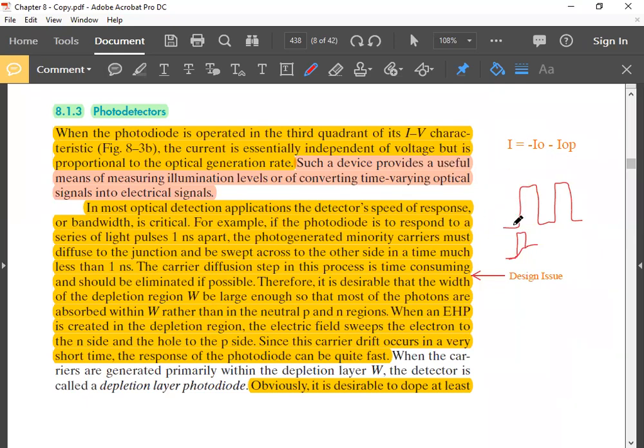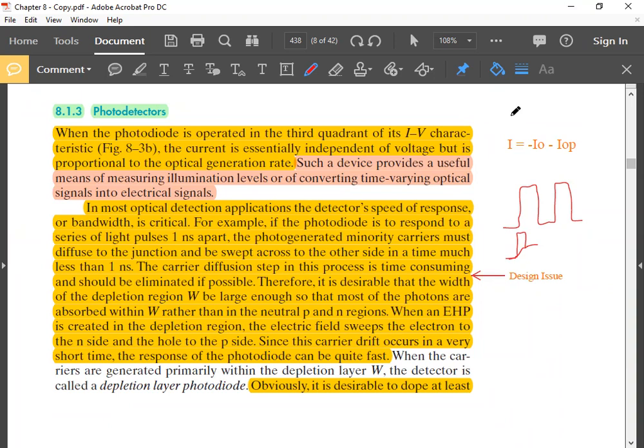The change of current will occur because of the creation of excess carriers by light. Those minority carriers have to be created and travel to the external circuit to detect this variation of light. That is a time consuming process.